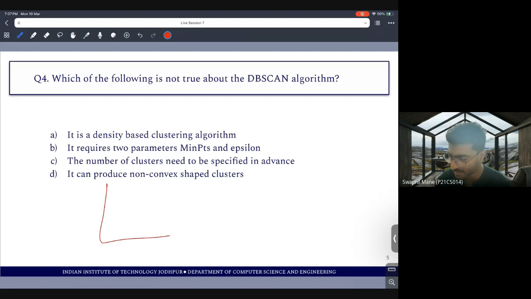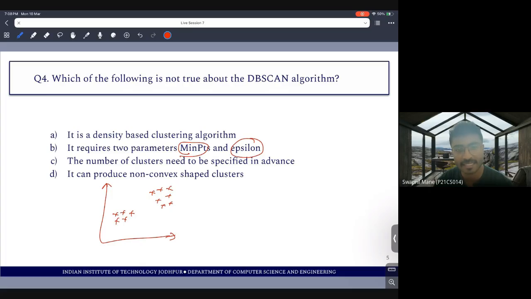As we have seen, let's take the distributed points. These two parameters are very important in DBSCAN: minimum points and epsilon.